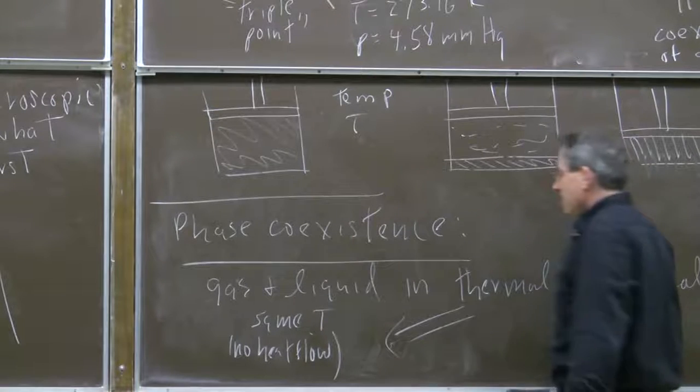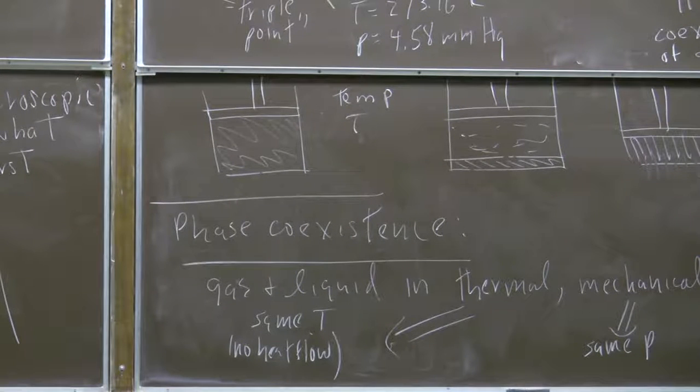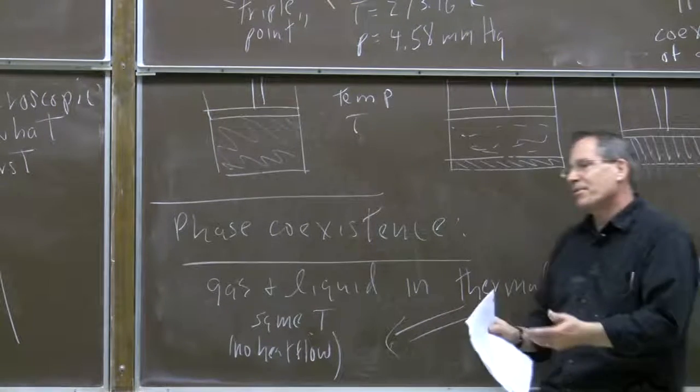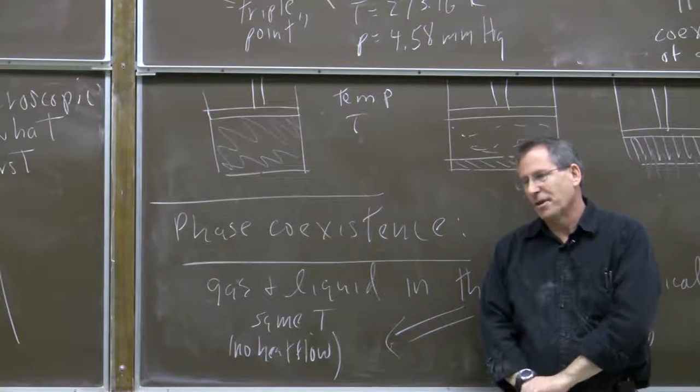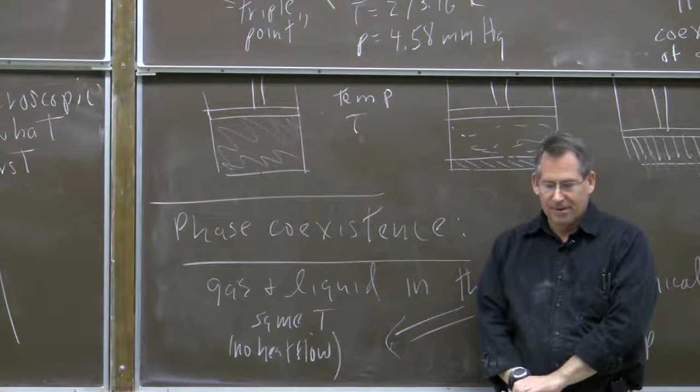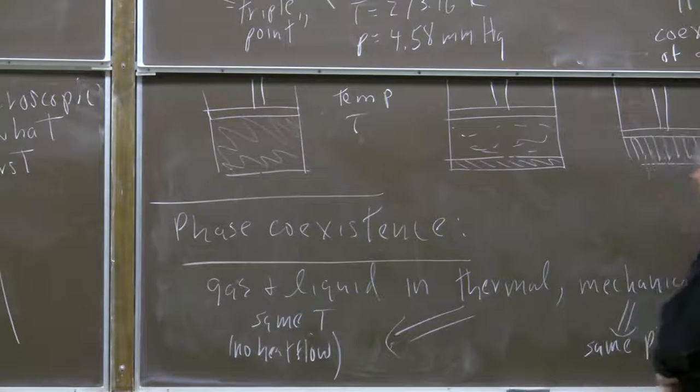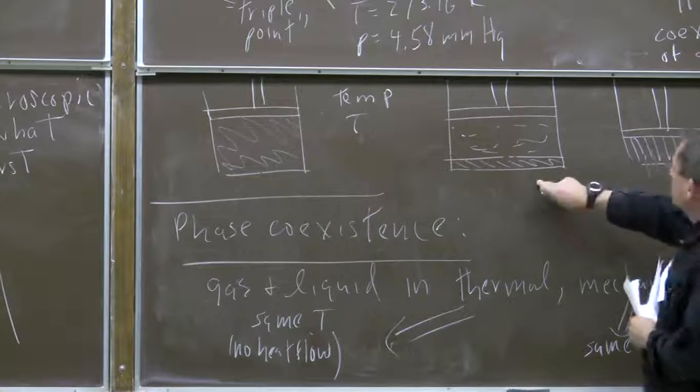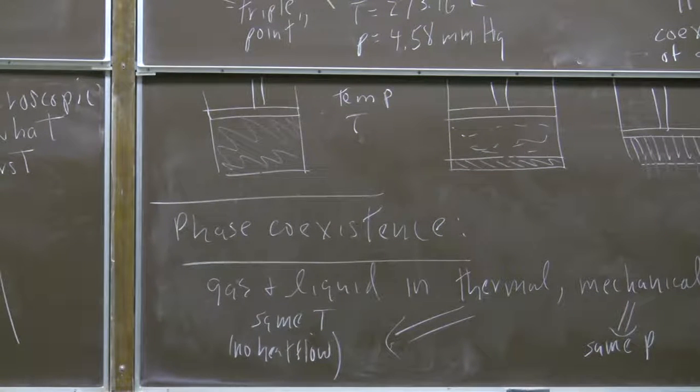If it were 10 meters deep, the pressure would be higher at the bottom than at the top in order to maintain static equilibrium in the fluid. So you're right. Strictly speaking, gravity isn't an important part of the story.